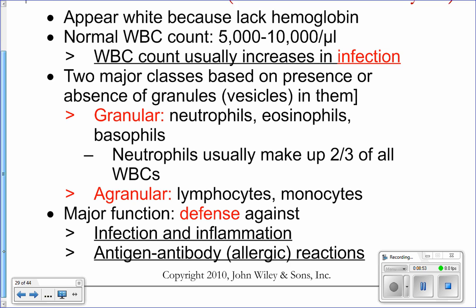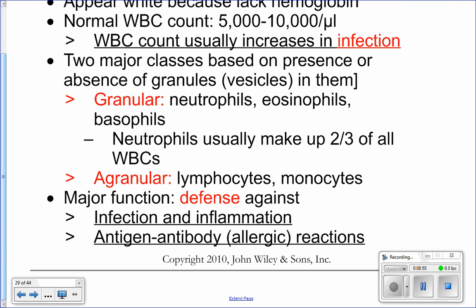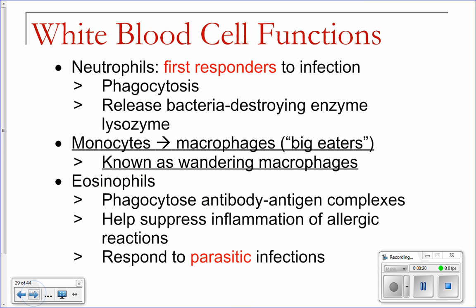But the major overarching function of your white blood cells is for protection, okay, against bacterial infection, viral infection, any sort of stuff like that. Okay, so defense against infection, inflammation, and they're also involved in allergic reactions. So if you have allergies, you can thank your lovely immune system and white blood cells for that. All right, we'll talk more about that.